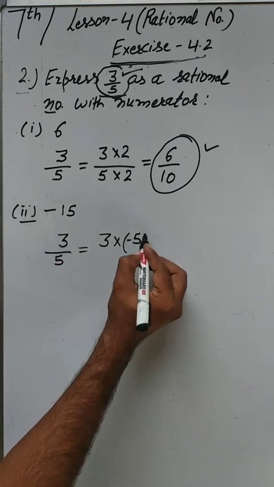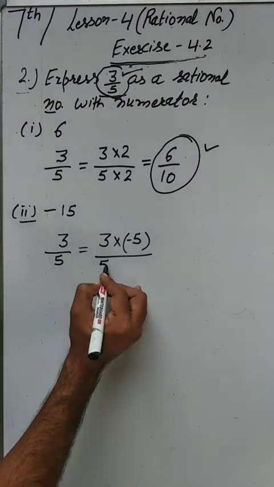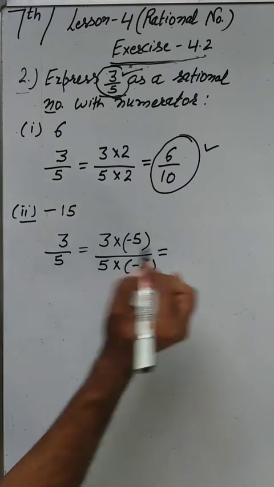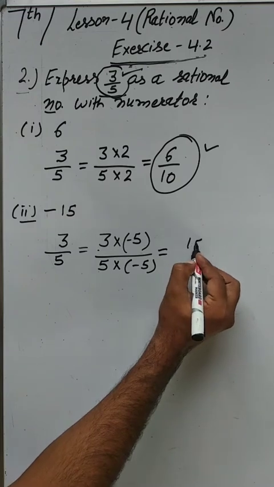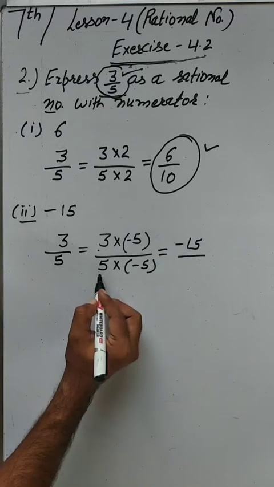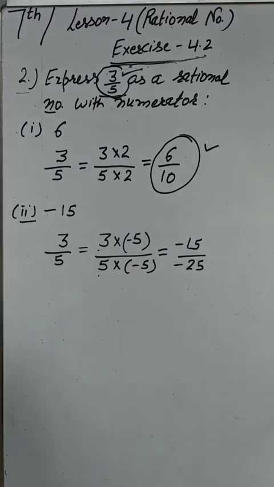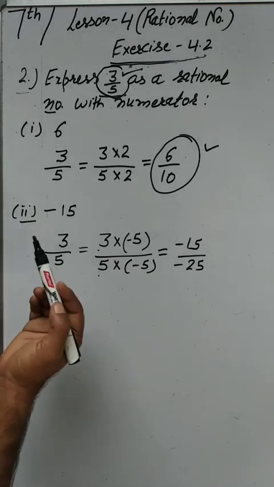So here 3 multiply with minus 5. Similarly, you have to multiply 5 with minus 5. Okay. So 3 multiply 5 is 15, and the sign will be minus. Understood, beta? 5 multiply minus 5 is minus 25. Clear? In that way you can change the desired numerator.